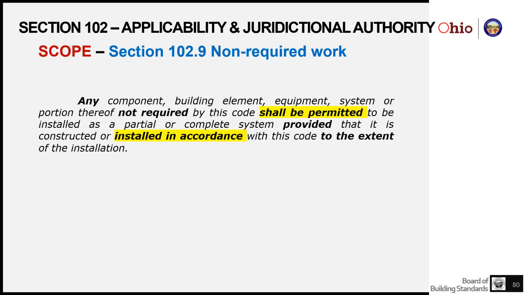So probably one of the biggest ones is fire suppression systems. If your B occupancy doesn't require suppression systems, you can install fire suppression systems for part of the building or the whole building. But if it is for part of the building, that part that you would install it for has to be installed in accordance with the requirements to the extent of that installation.